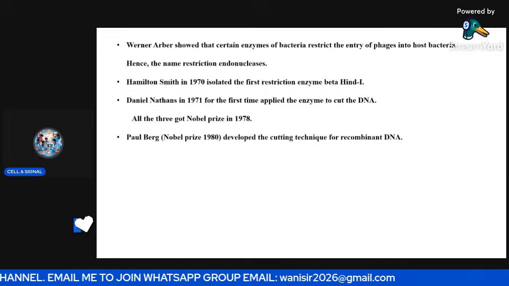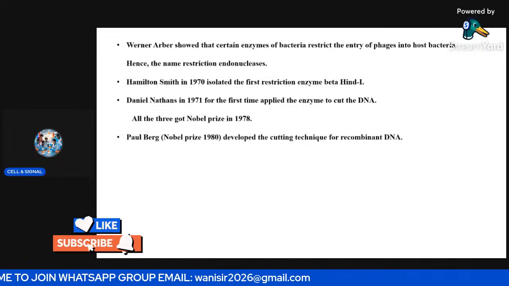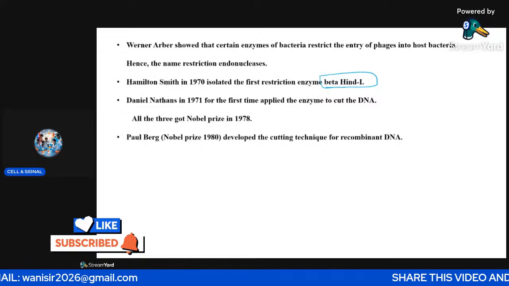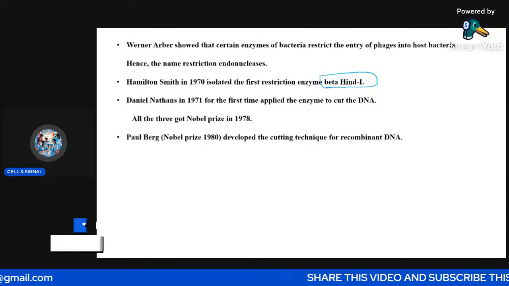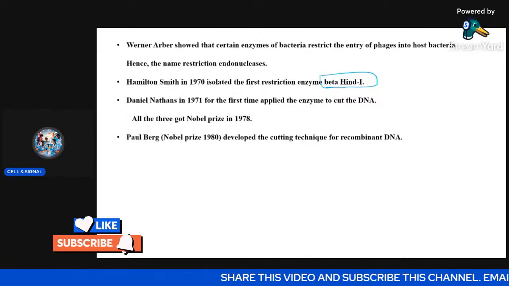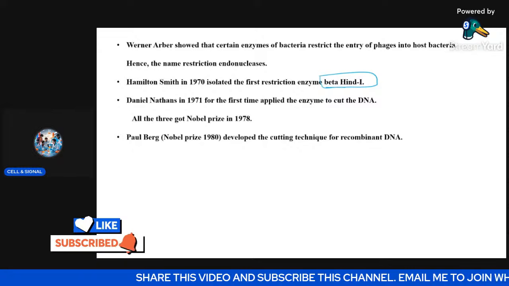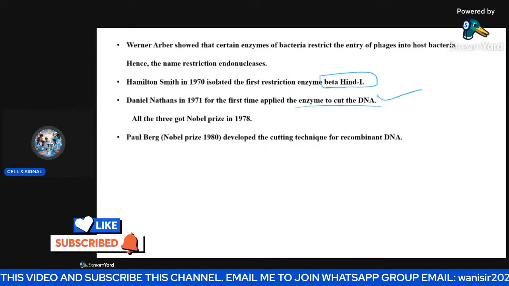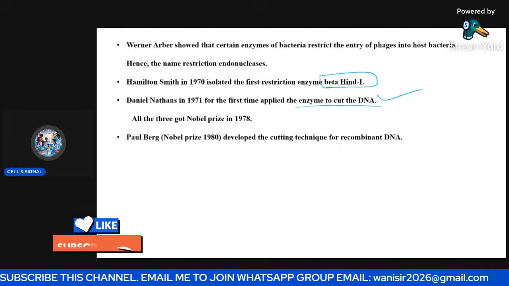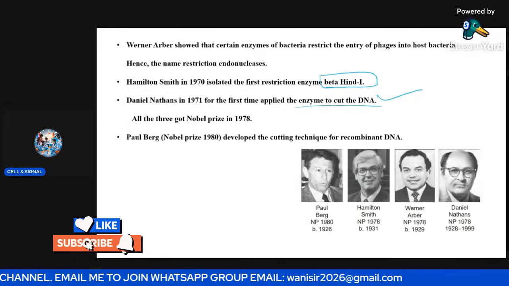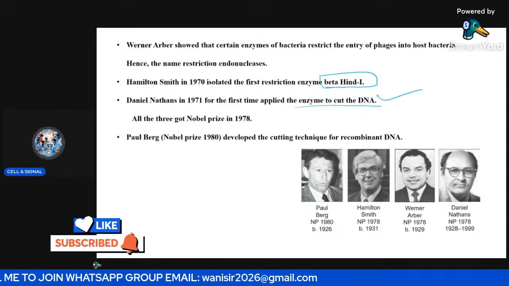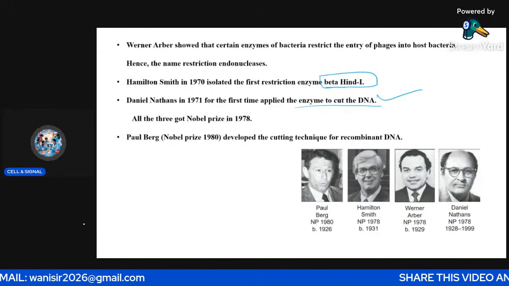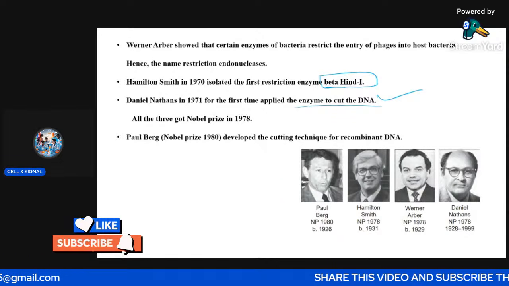Hamilton Smith in 1970 isolated the first restriction enzyme, called HindII, and Daniel Nathans in 1971 was the first to apply the enzymes to cut the DNA. This is very important, and all three got the Nobel Prize. And Paul Berg developed the cutting technique of DNA recombinant technology. These are the persons: Paul Berg, Hamilton Smith, Werner Arber, and Daniel Nathans.